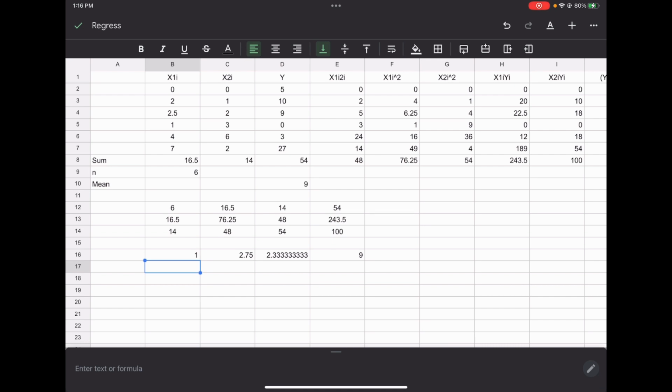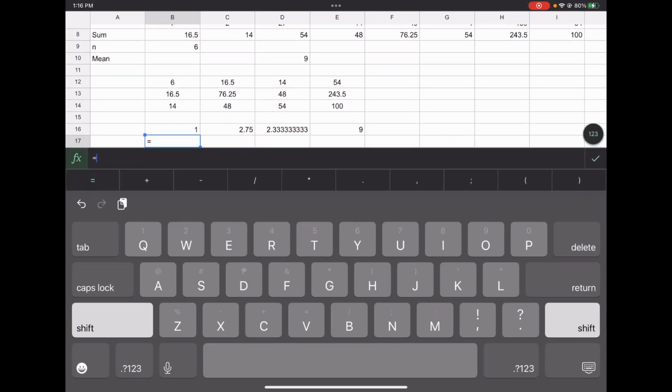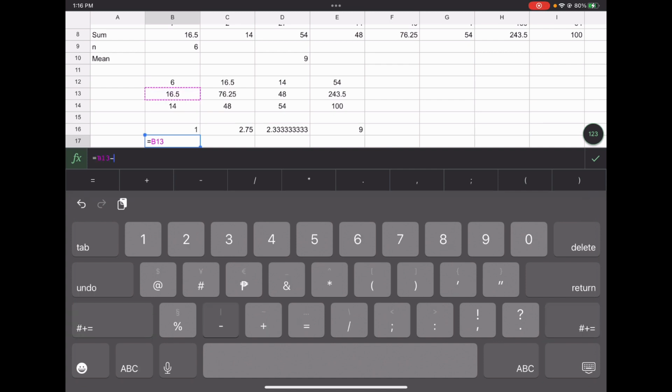And then afterwards, I need to make this equal to 0. So I'll make that one the second row minus the second row, but then I need to fix the 16.5.